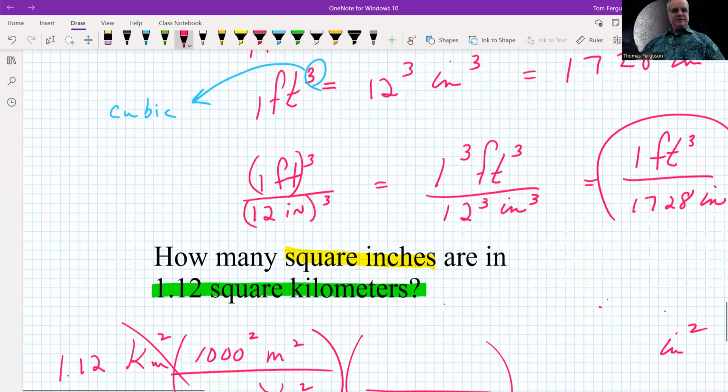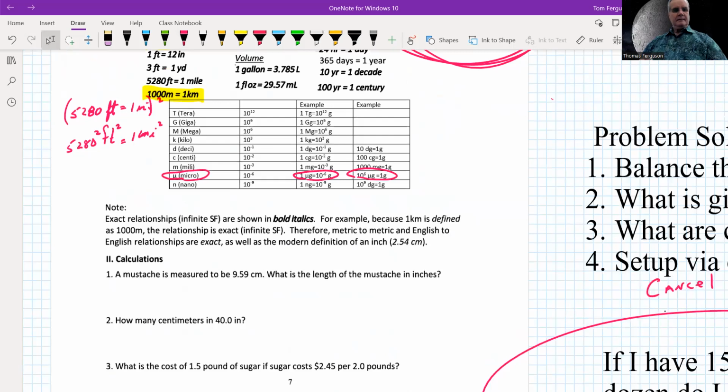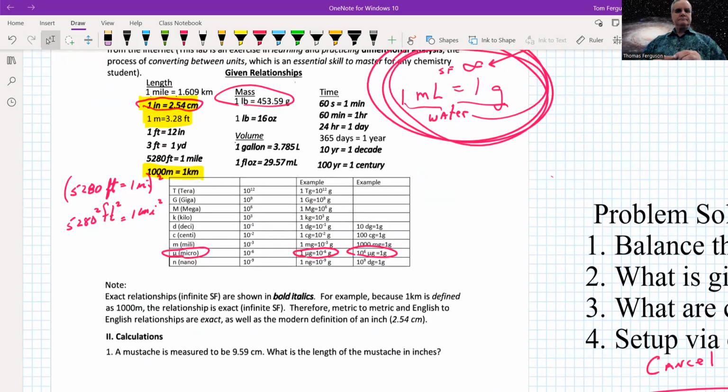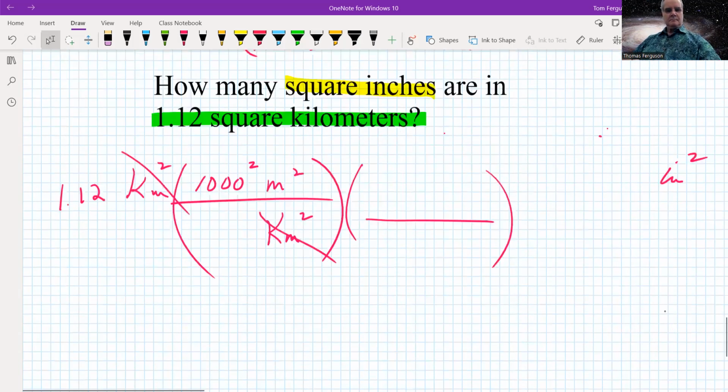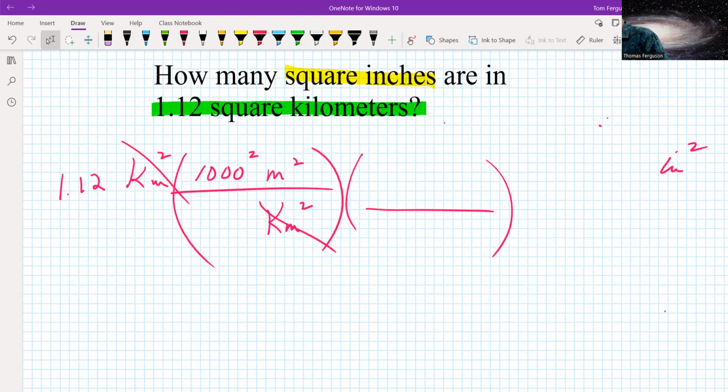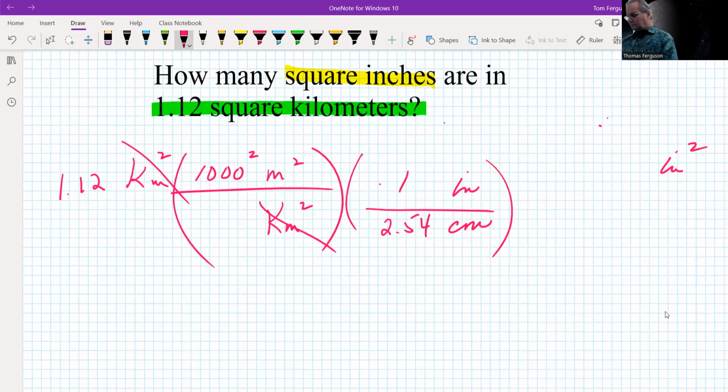We have a conversion factor going from inches to centimeters. We don't have inches to meters. What needs to go between these two? Centimeters and meters. So let's move that over.